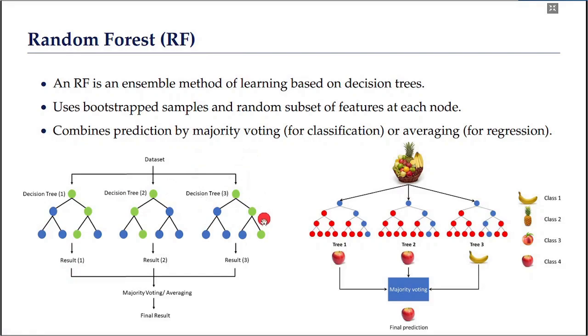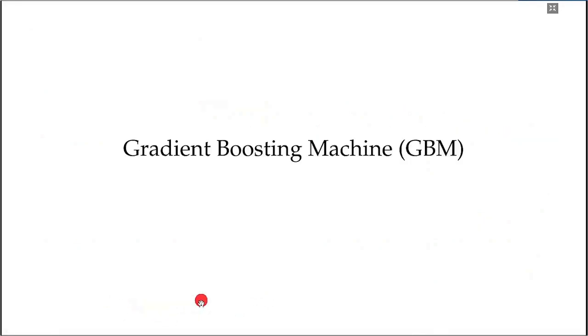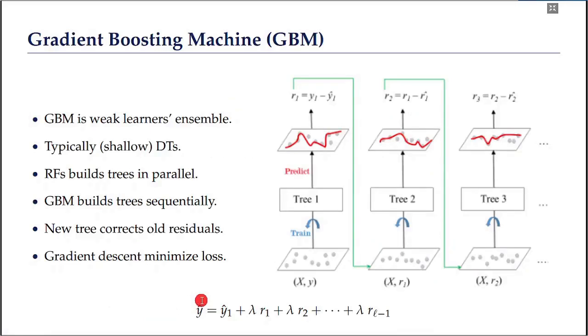We make a prediction using each tree, and the final prediction is determined by majority voting for a classification problem and by averaging for a regression problem. But for gradient boosting, the trees are assumed to be sequential.